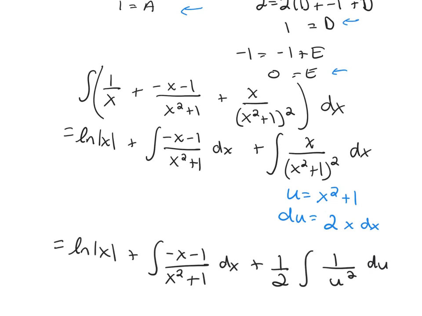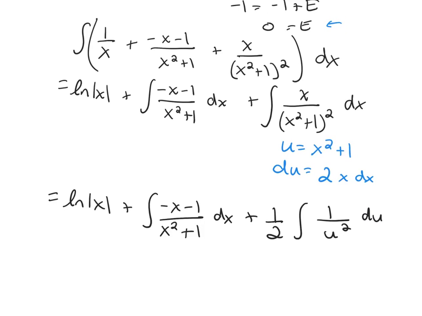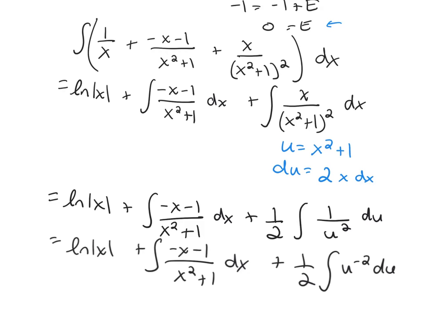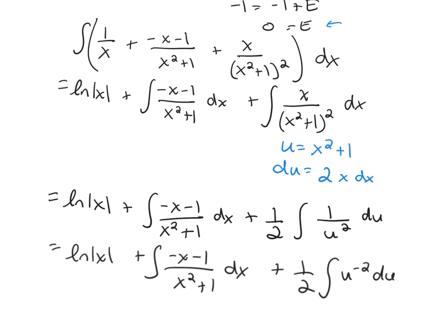So be very careful. I saw on some of the worksheets that we were doing, a lot of times I saw ln for this integral, which is not correct. What you want to do is think about it as u to the -2nd power, and then do the reverse power rule where you add 1 to the power.